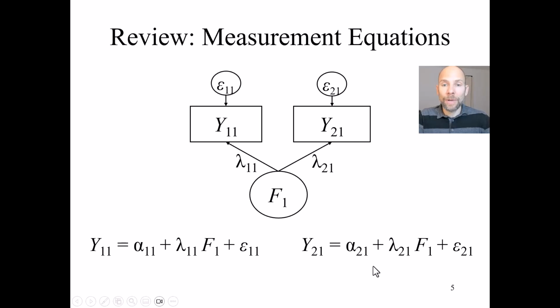So those two equations describe this measurement model of the single factor f1, and now the question is, what parameters are actually estimated in this model? What are unknown or free parameters that we want to estimate to, for example, look at true score and error variance?